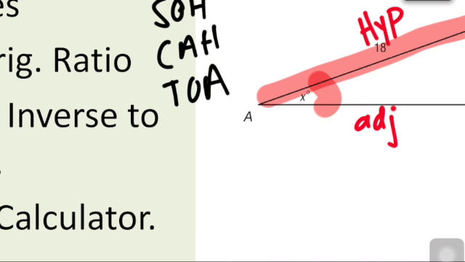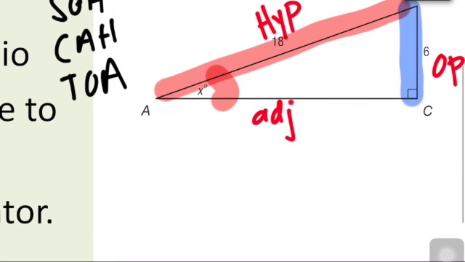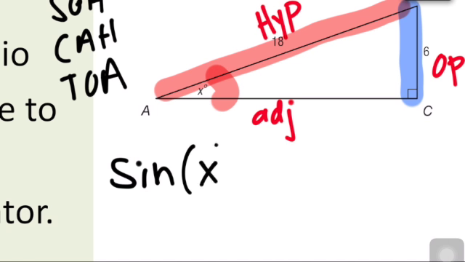So the sine does, right? So we're going to use the sine. So the sine of x is equal to the opposite over the hypotenuse.